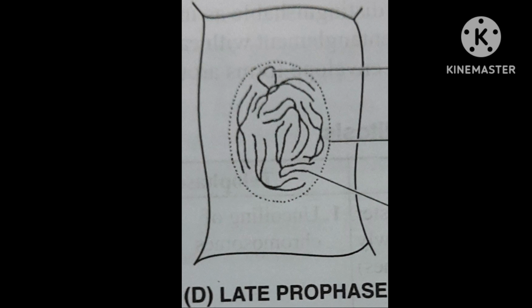In the later stage of prophase, the nuclear membrane starts disappearing. The nucleolus, mitochondria, Golgi complex, and endoplasmic reticulum also disappear. Spindle poles are formed in higher plants during this stage.